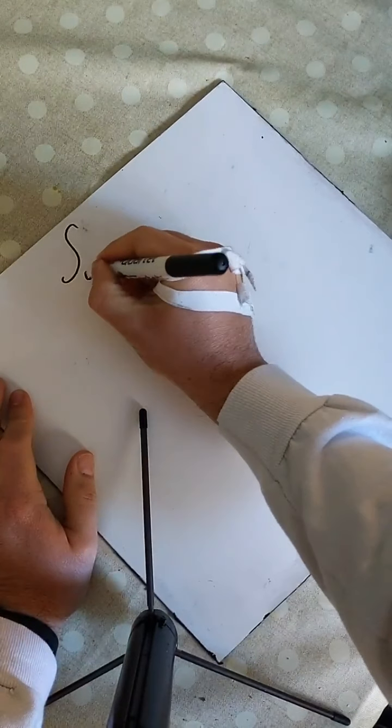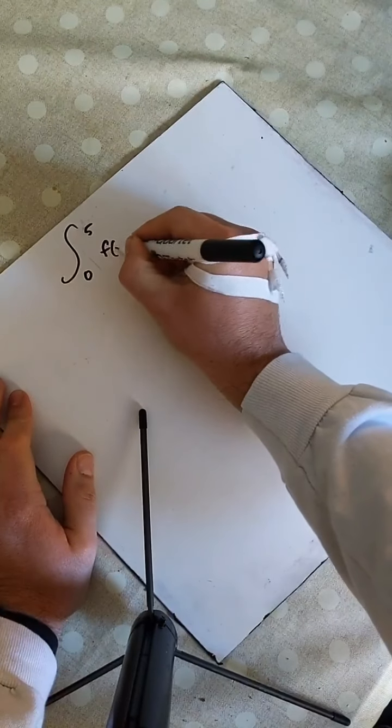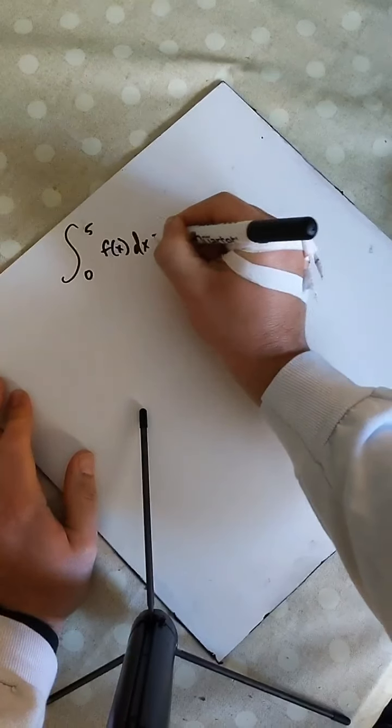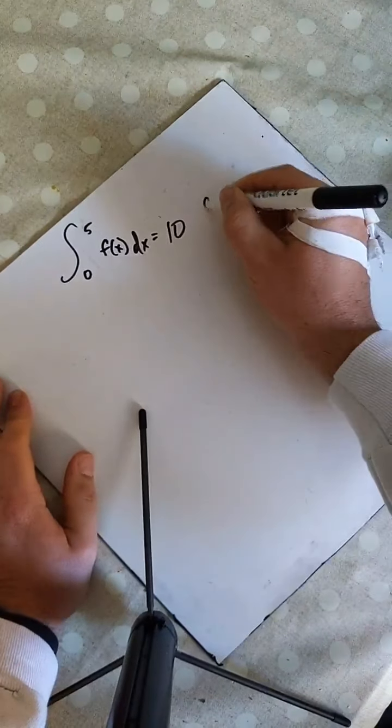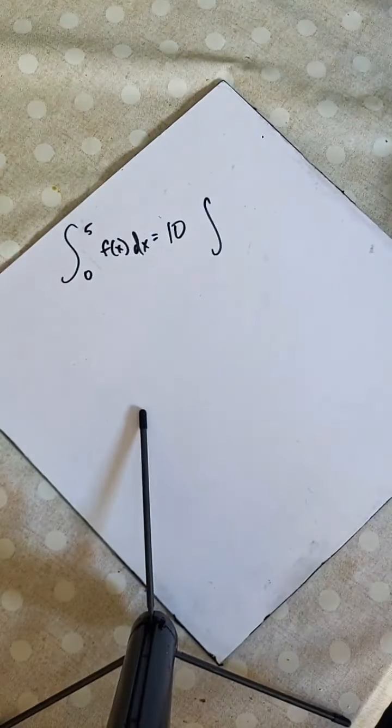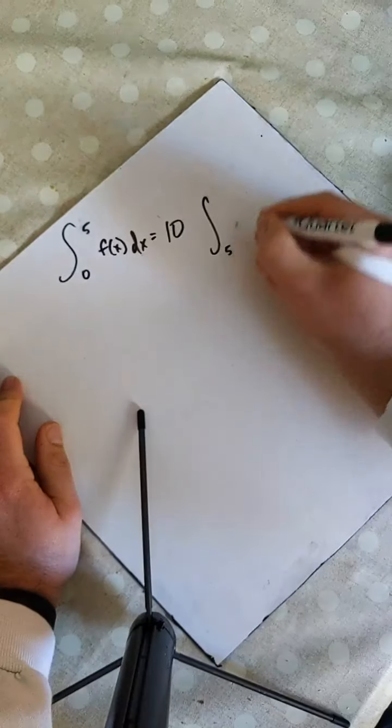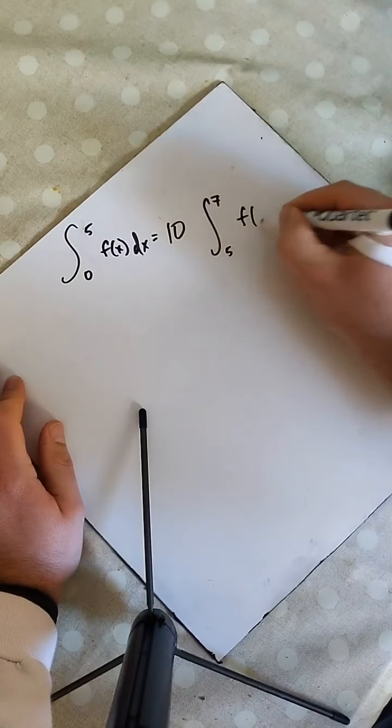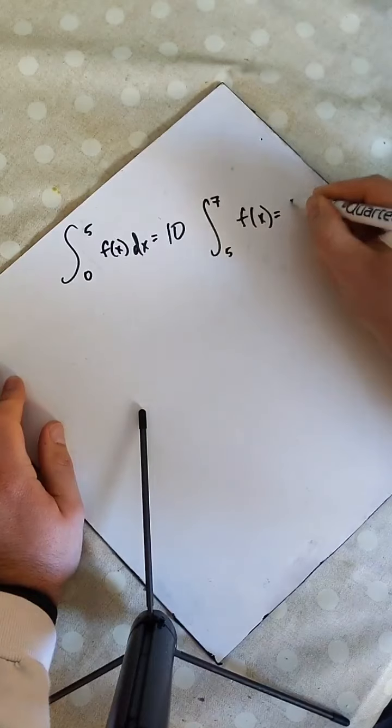So the first example, they give us a little bit of information. They tell us that the integral from 0 to 5 of the function is 10. So I'm going to write these up here. The integral from 0 to 5 of f is 10, and also the integral from 5 to 7 of that function is 3.